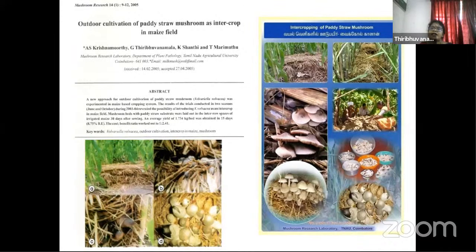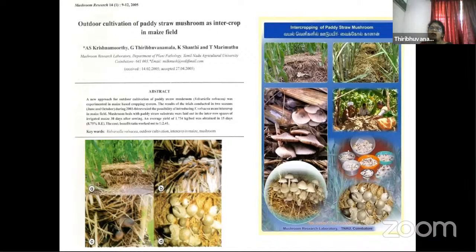At the 45 days silky stage, a microclimate of 35 degrees centigrade with a humidity of about 75 to 80% is attained. We prepared some mushroom beds with the bundle method, and we could see that from 45 days until 75 days that microclimate was available, and we were able to harvest the mushrooms.